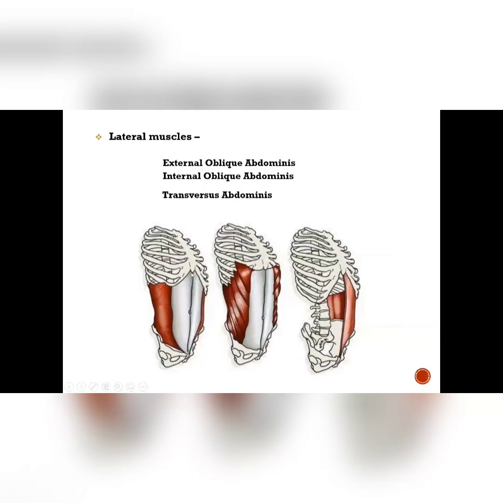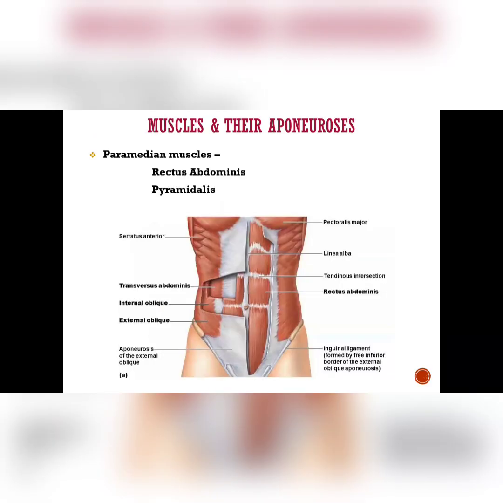See, this is the morphology of external oblique. Laterally, there are the muscle fibers, whereas towards the center, there is the external oblique aponeurosis. This external oblique aponeurosis actually covers the rectus abdominis. Rectus abdominis is present in the midline.